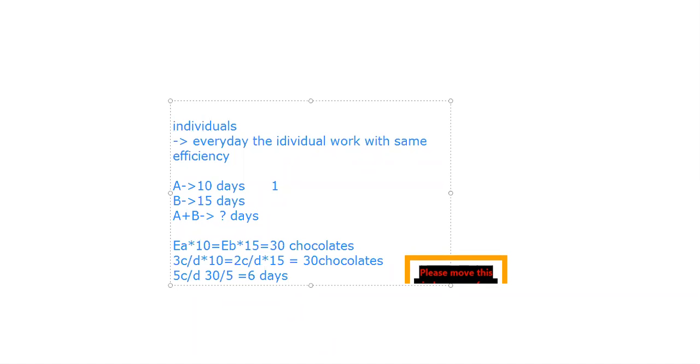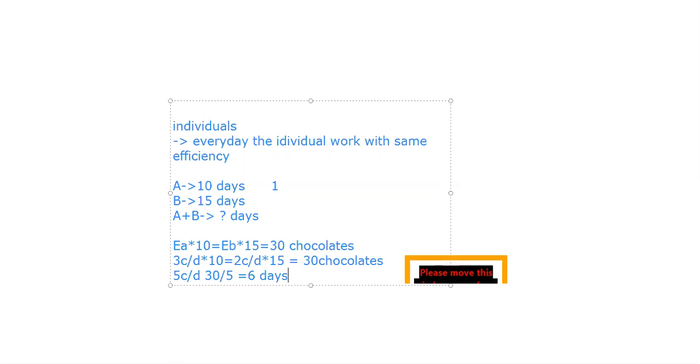Now here, they complete the work in 6 days. What is their efficiency? Efficiency is in the ratio 2:3. A and B work for the same number of days. A works for 6 days, B also works for 6 days.